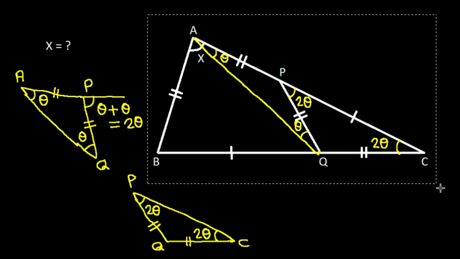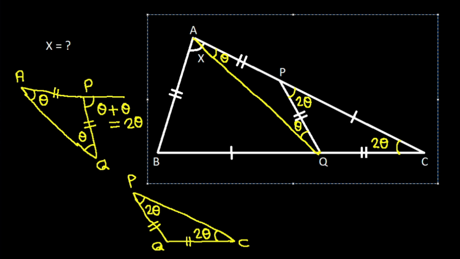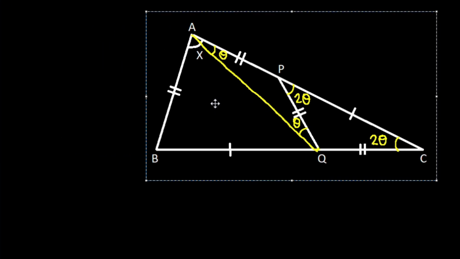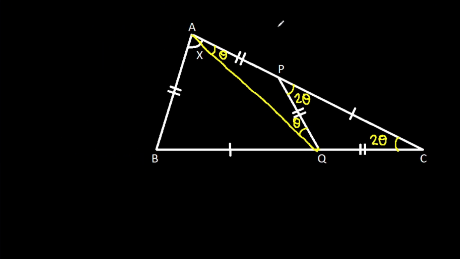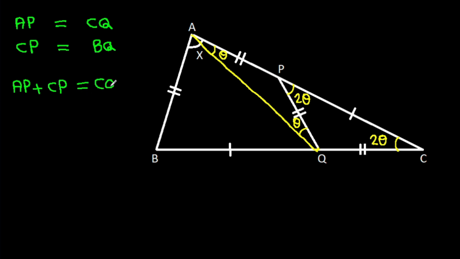And now we have AP is equal to CQ and CP is equal to BQ. So AP plus CP will be CQ plus BQ, and it is AC is equal to BC.